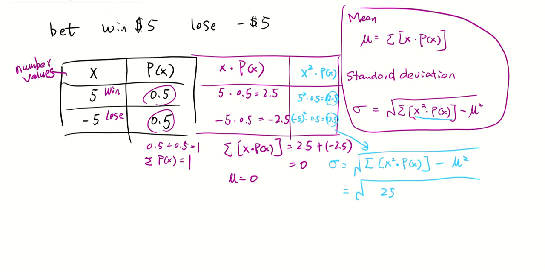That's the sum, minus mu squared, which we calculated, mu is 0. So in our case, that's the square root of 25, which is 5. So the standard deviation for this probability distribution is 5. The unit will be the same as the random variable, so we will say $5.